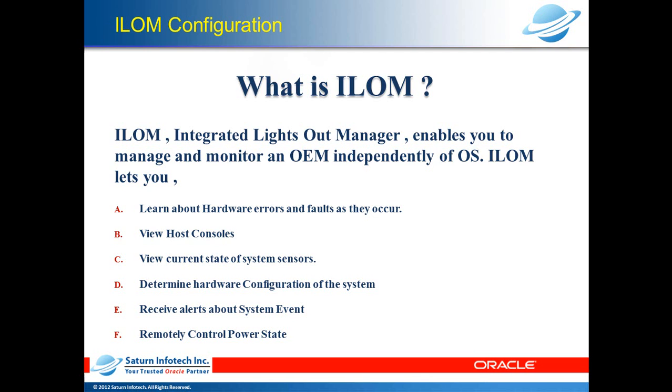There are various system sensors on the system. ILOM helps us to monitor their current state. Of course, it gives you the hardware configuration of the system, and if there are any system events or alerts, ILOM helps to display and capture them, and remotely control power state.